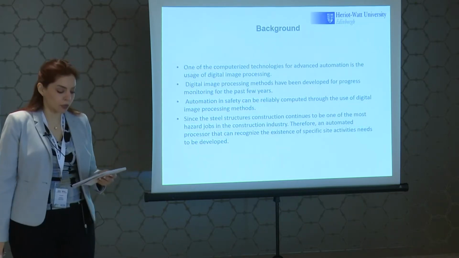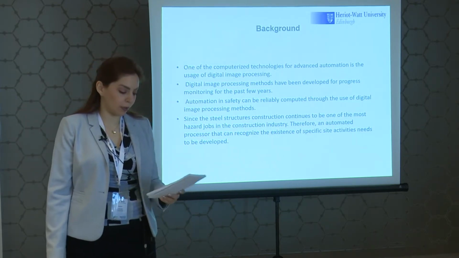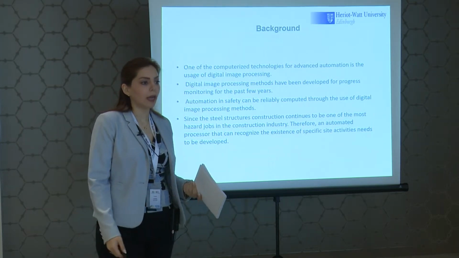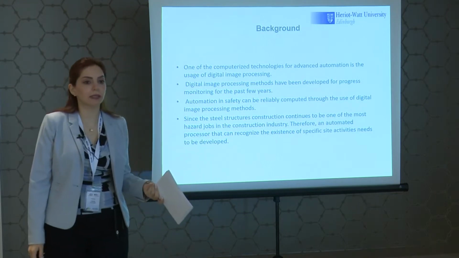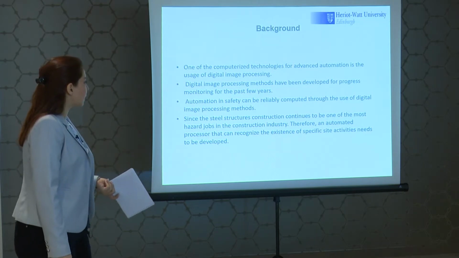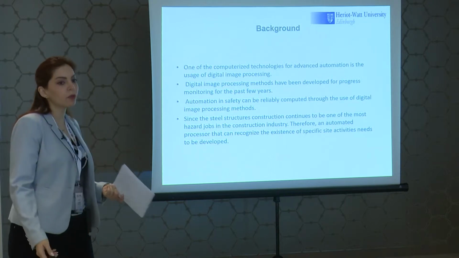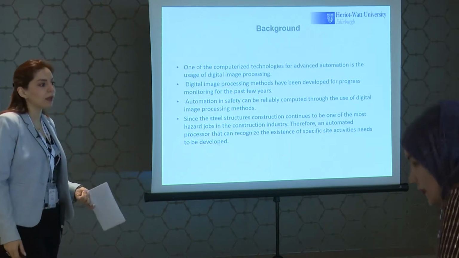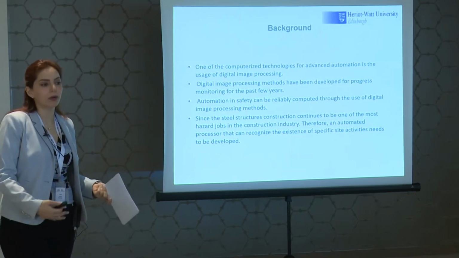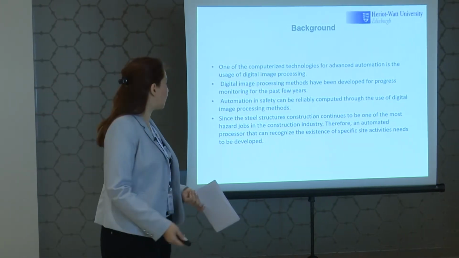Digital image processing is a computerized technique for advanced automation or advanced visualization, and it has been implemented in projects. The digital image processing method has been developed for progress monitoring over the past few years, mostly for progress monitoring, with less on the health and safety side, or minimizing the hazards associated with the activity.